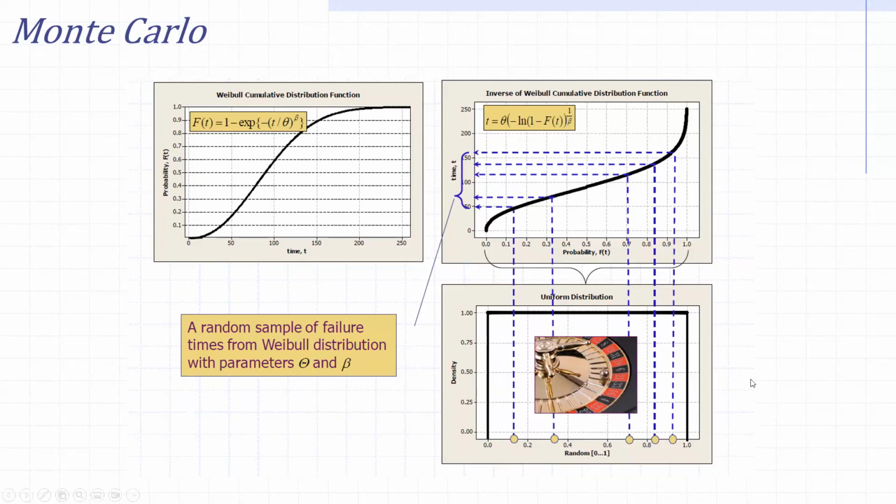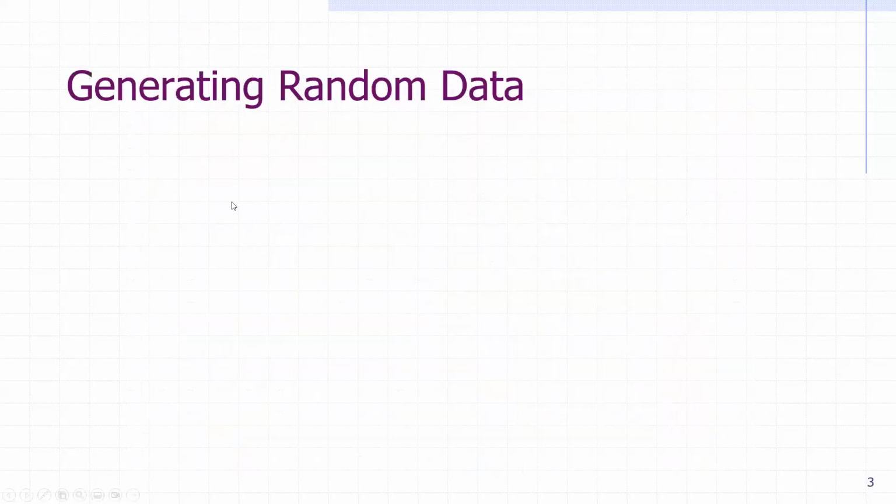So basically what I'm doing here is getting a random value from that uniform distribution. I'm using this random value as my probability, and then I get the corresponding failure time for that probability. I take another random value, I get the corresponding failure time, and I keep repeating that one after another. And that's how I'm doing a Monte Carlo simulation.